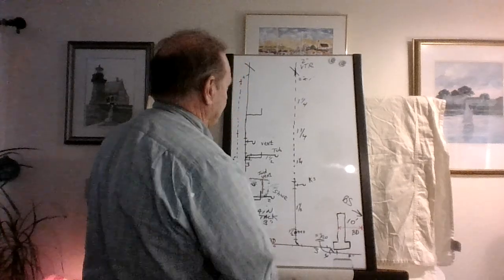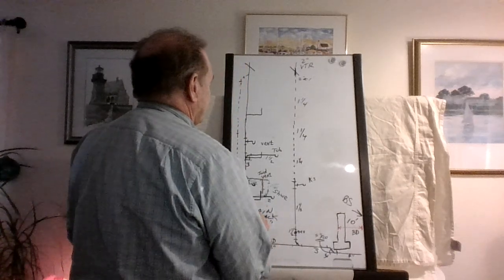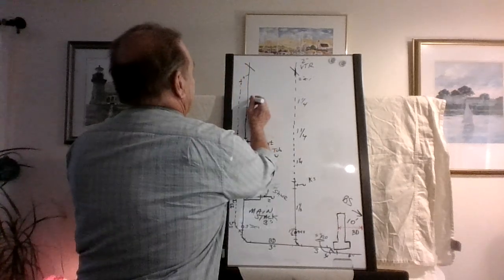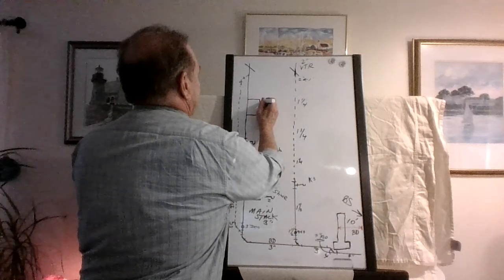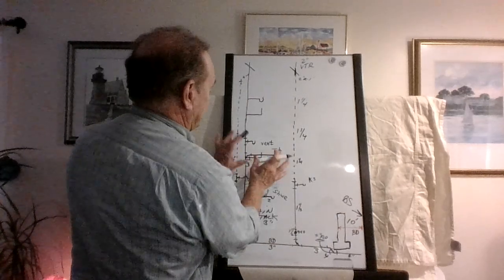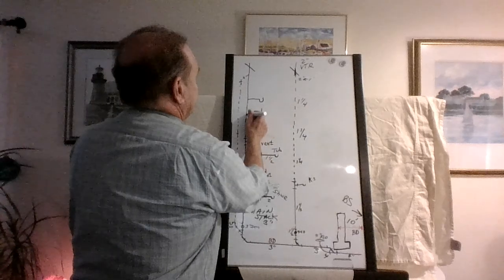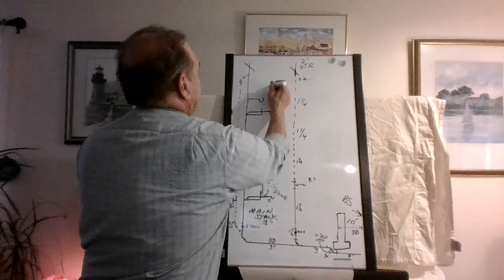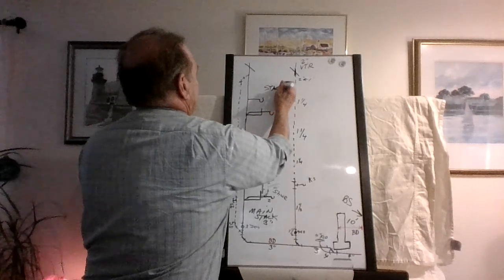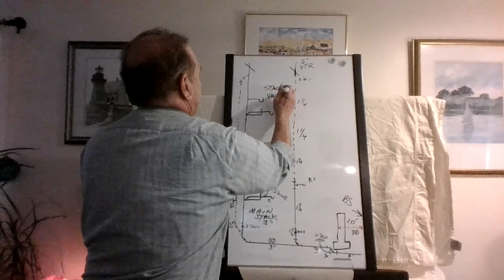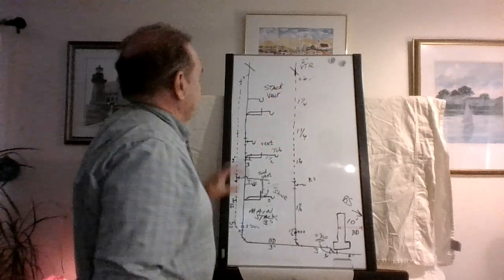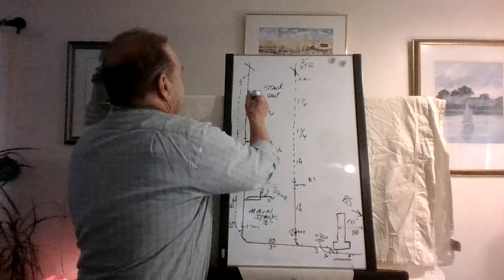I'm just going to give you a real quick introduction to it. And the top floor will be the same as it was. This is the stack vented. So the stack vent goes from here to here. Okay? So this went up here.